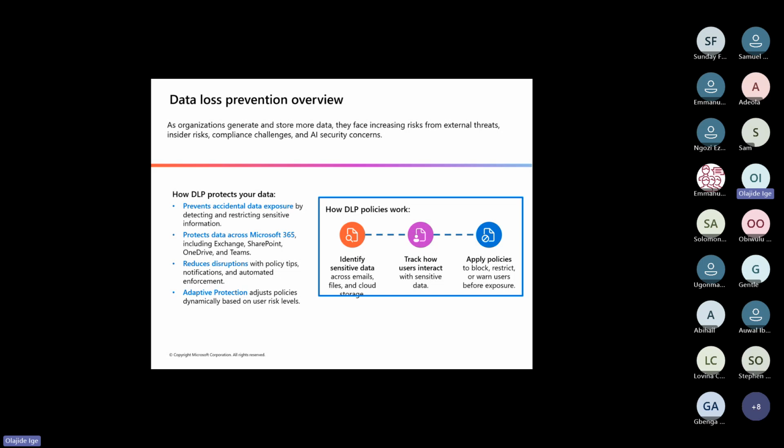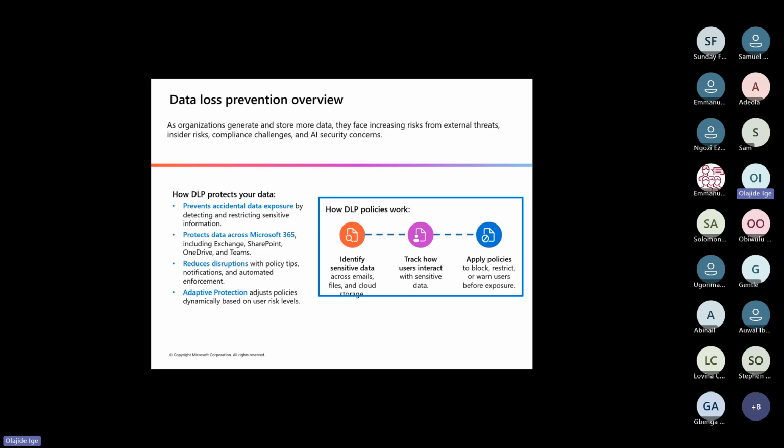So you can see how DLP protects your data: it prevents accidental data exposure by protecting and restricting sensitive information. It protects data across Microsoft 365, including Exchange, and reduces disruption with policy tips, notifications, and automated enforcement.